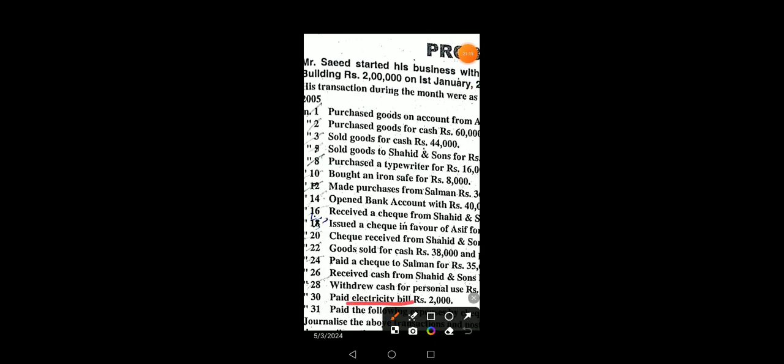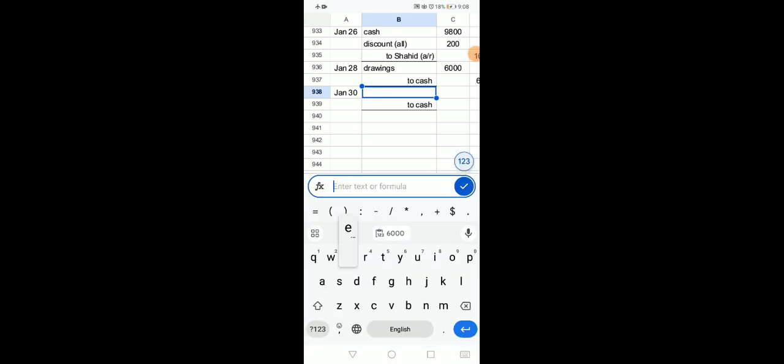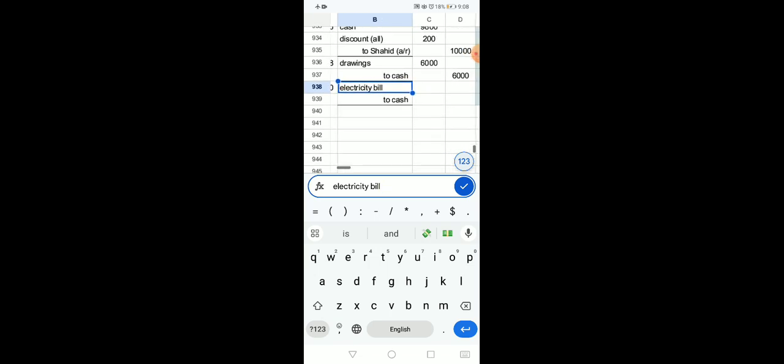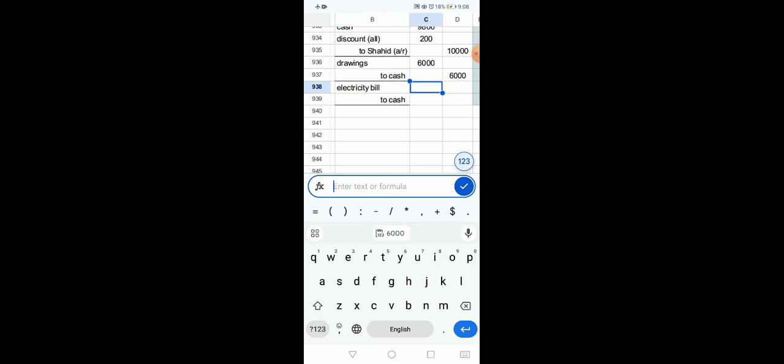That is the electricity bill. The bill is your expense. So you will mention electricity bill on the debit side, because all expenses should be mentioned on the debit side. If I had said anything else, please ignore it. Expenses should always be on the debit side, and electricity bill is an expense. So you can see that electricity bill is written on the debit side. How much amount is paid for the electricity bill?